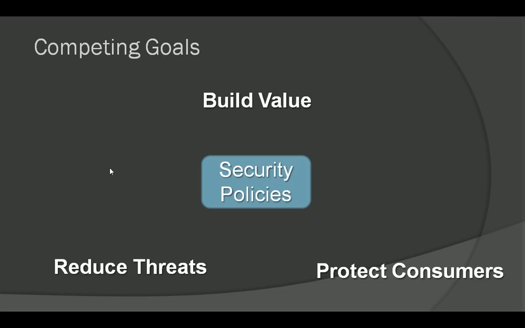At the end of the day, if you work at a corporation, the most important thing is that they have to be making money. If they're not making money, then the corporation's not going to exist for very long. So building value is certainly important. All three of these exert pressure on IT security, and our policies have to walk the line between these three major pressure points.